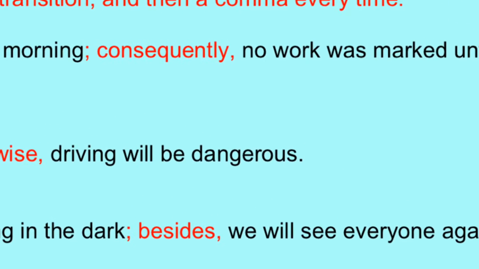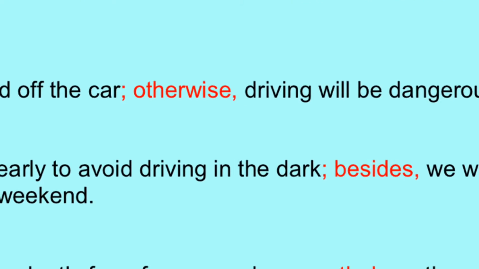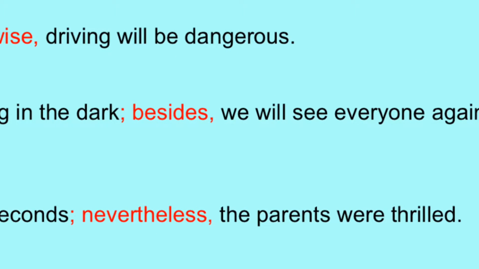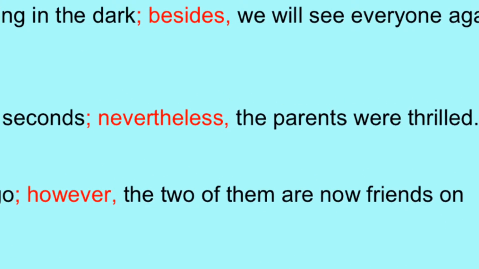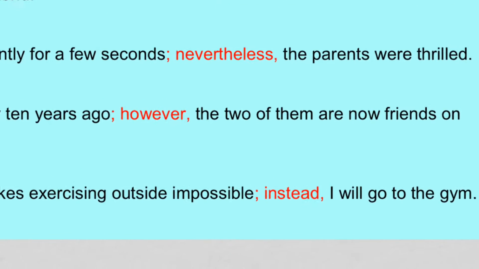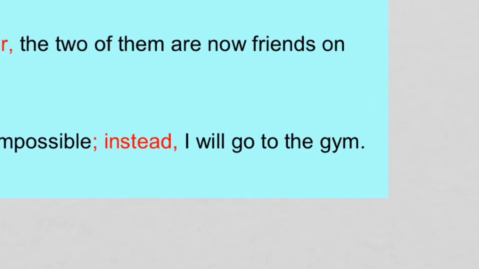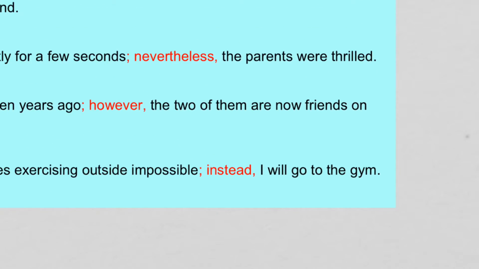So I say something, semicolon, transition, comma. Say something else, semicolon, transition, comma. Say another thing, semicolon, transition, comma. Okay? And then another example, I say something else, semicolon, transition, comma.